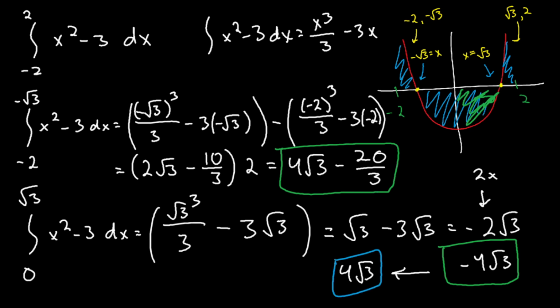So if you add 4 square root of 3 onto 4 square root of 3 minus 20 over 3, okay, let's make some more space. If we add these two numbers together, using a different color, you get 8 square root of 3 minus 20 over 3.